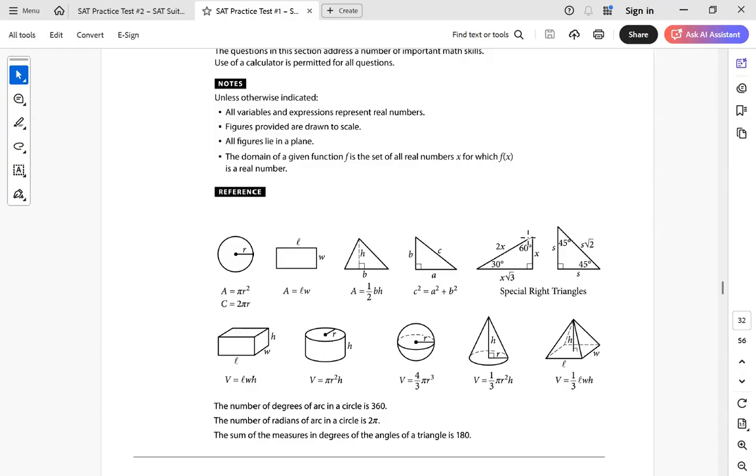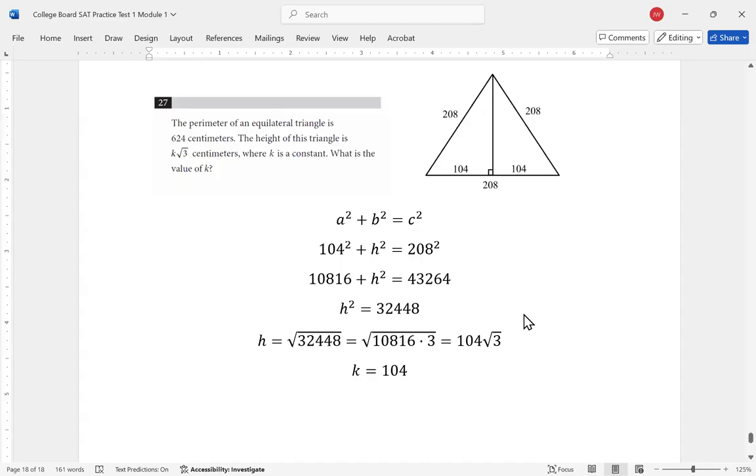So knowing that the hypotenuse of that right triangle is 208 and that the x value is 104, we could see that the height of that right triangle should have been 104 times square root of 3. So that's another way we could have solved that problem, to see that x would have to be 104. But in either case, the answer to question 27 is that k is equal to 104.